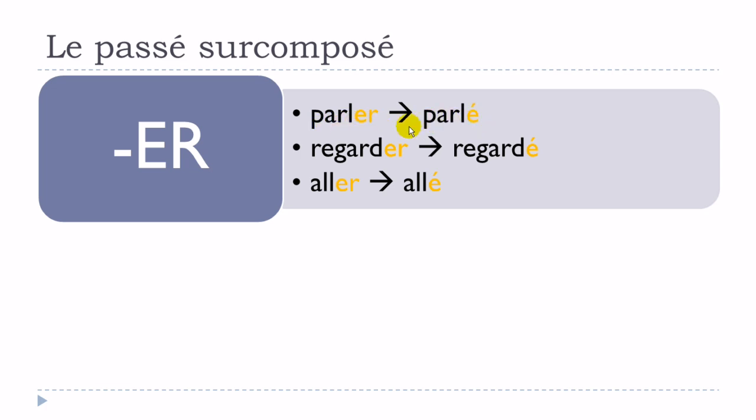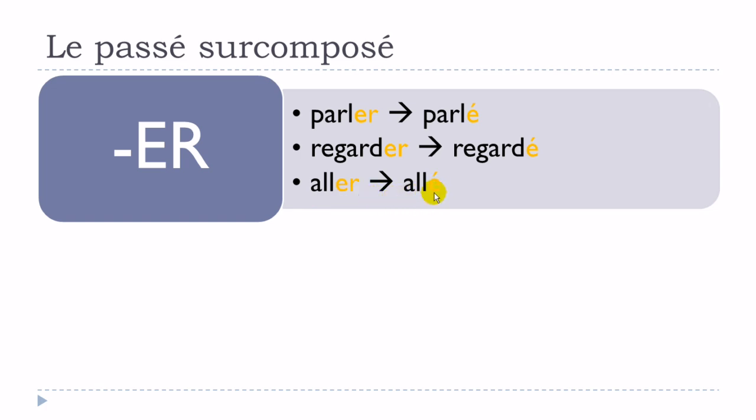So parler will become parlé. Phonetically it's the same, but then you write it differently. Regarder will become regardé. Okay, same rule. And then aller will become allé. So even if aller doesn't belong to this first group of regular verbs, when we talk about the construction of this participe passé form, it's quite regular as well.